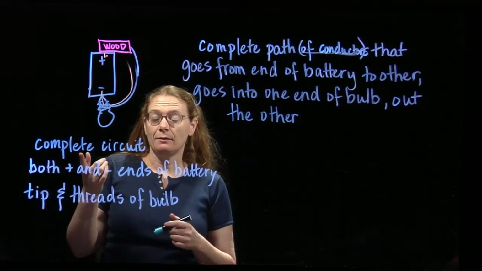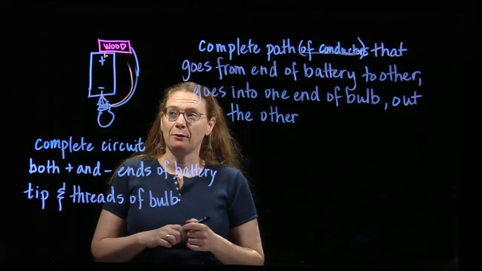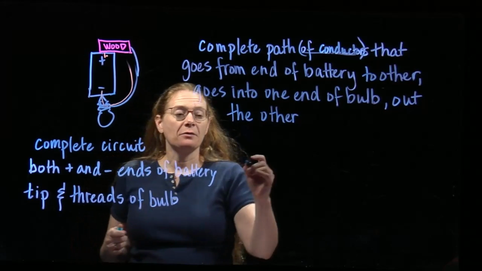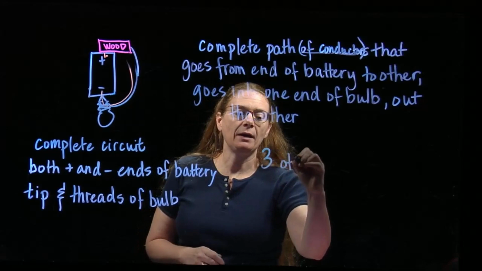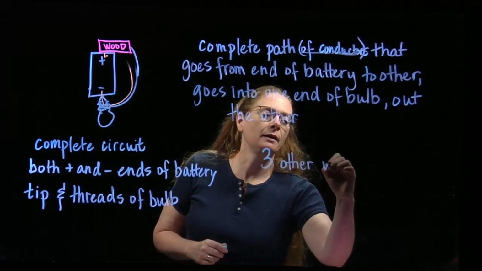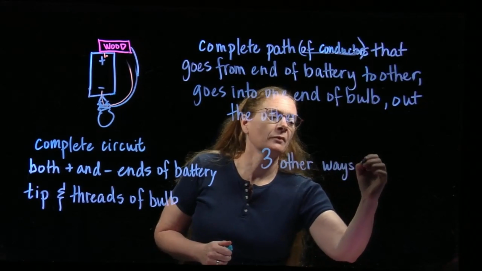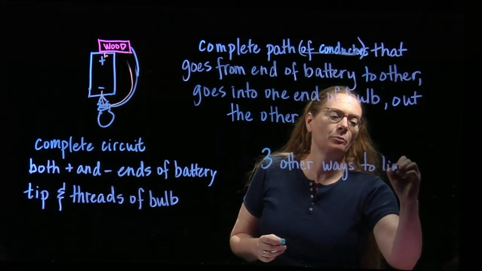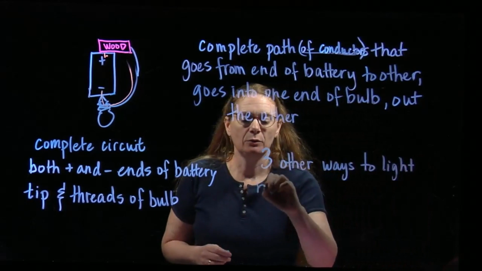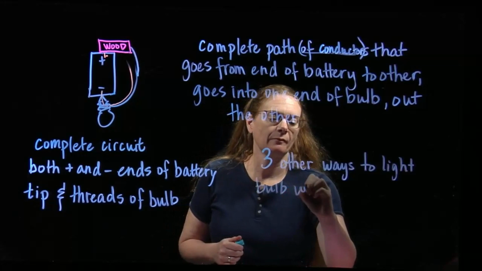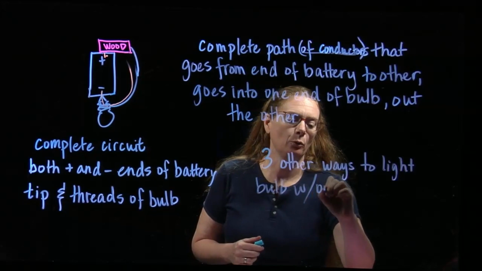and go play around and see if this is it. I'll give you a hint if you want something to guide your playing around. There are 3 other ways that you can light the bulb using only one wire.